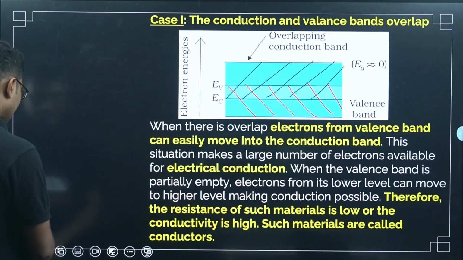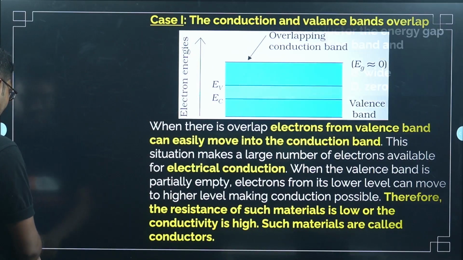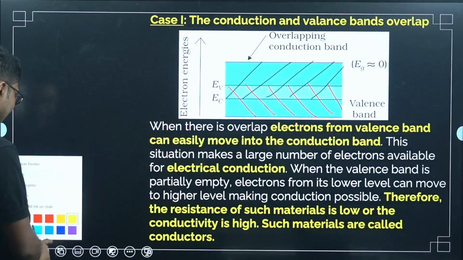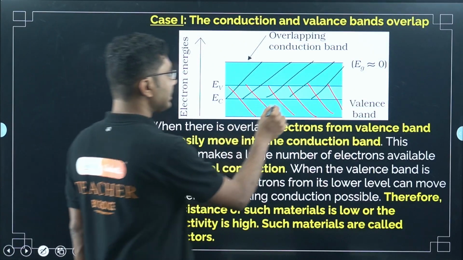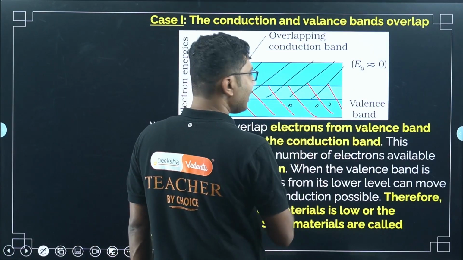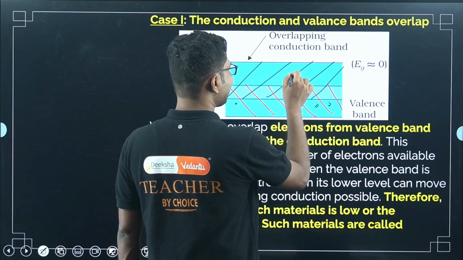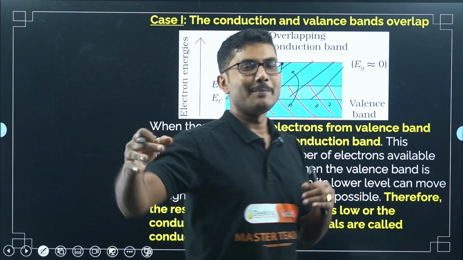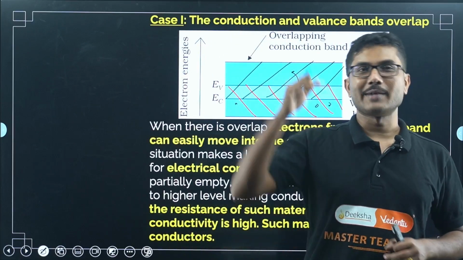Electrons are always staying in the valence band, so they can say, I can go to the conduction band. It is like your neighbors and you have a balcony and you can jump from one balcony to another.